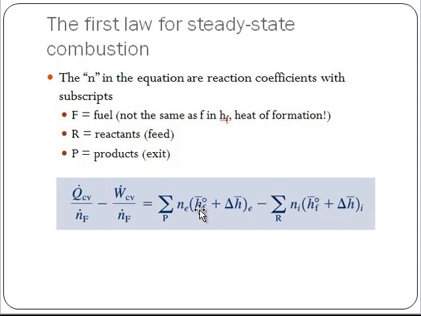But the enthalpy this time became the heat of formation from the atomic simplest parts, plus the enthalpy change of that material to go from the standard state, 25 degrees C, to whatever your inlet or exit condition was.